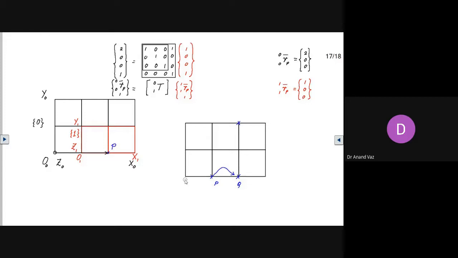Can you tell me how much we have to shift it? 1 unit horizontal, 2 units vertical. Yes. So from here, we just want to shift it here.